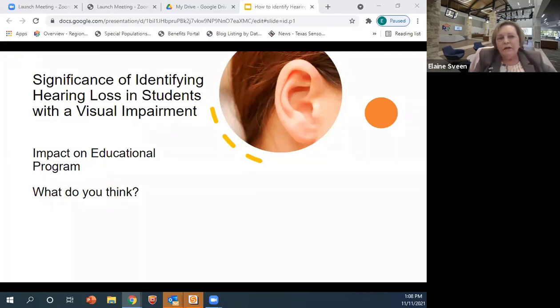I can just say that prior to working here at Region 10, I worked at the Criss Cole Rehabilitation Center in Austin, which is an adult rehab center, many of you know about this, for people who are visually impaired, blind. In my work there, I brought the DeafBlind program to the center, and we discovered very quickly that about 30% of our customers had a hearing loss.